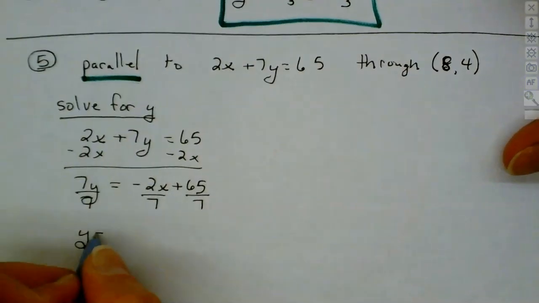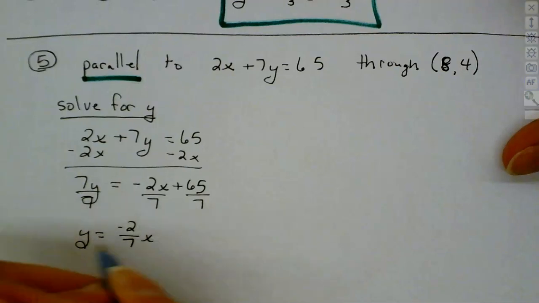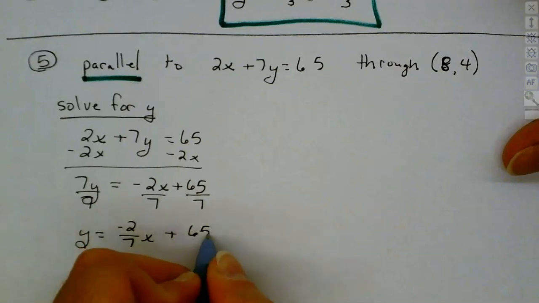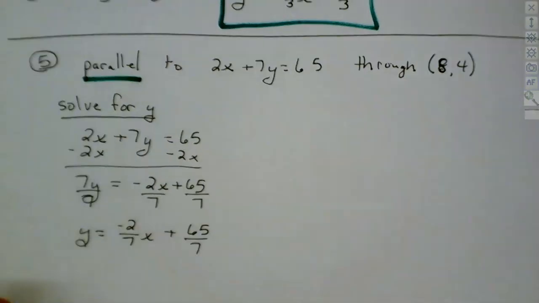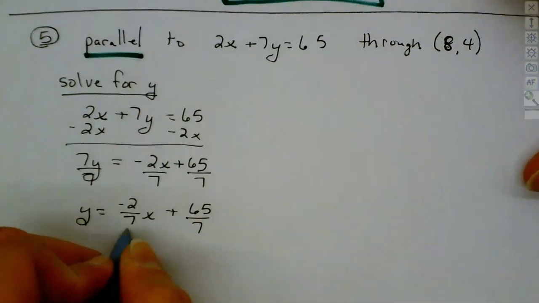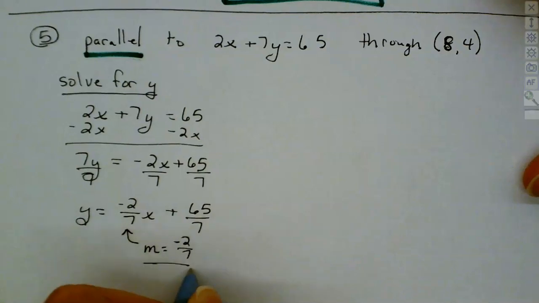And that leaves us now with y equals minus 2/7 x, and then we've got 65 over 7 there. So what we need is our slope. And what's our slope? Our slope is minus 2/7.